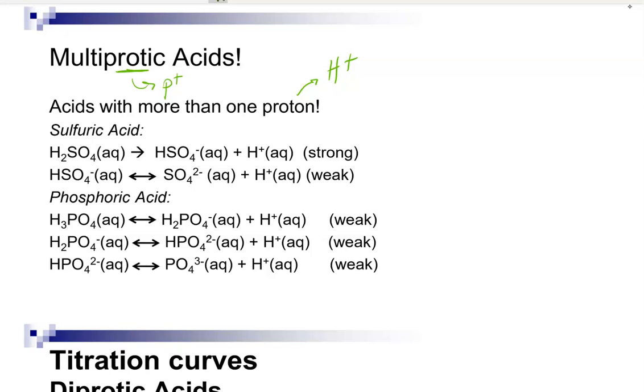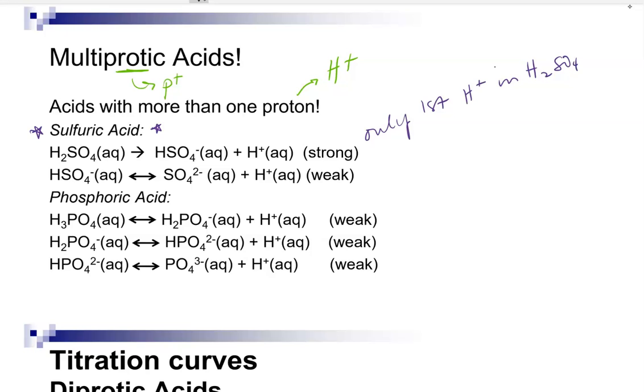The one that we have talked about already as a strong acid is sulfuric acid. But now we need to split that hair a little bit and notice that only the first hydrogen in sulfuric acid is strong.